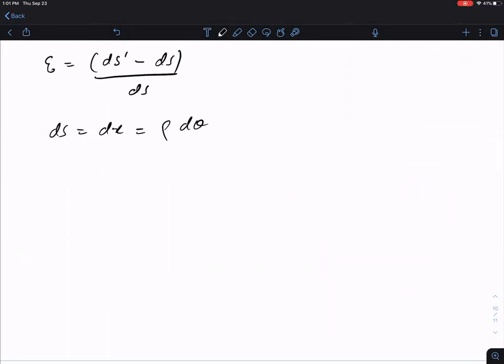Okay, so the length of that segment after the section has deformed is going to be ds minus y times d theta, right?